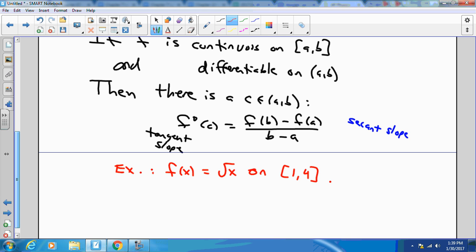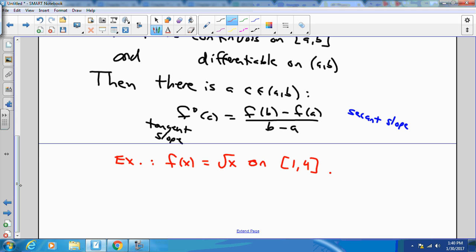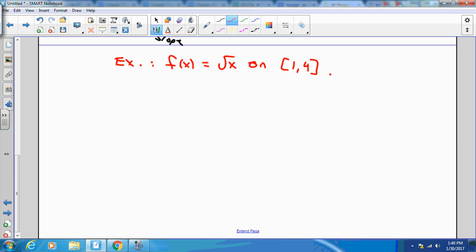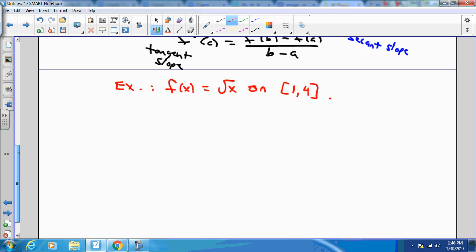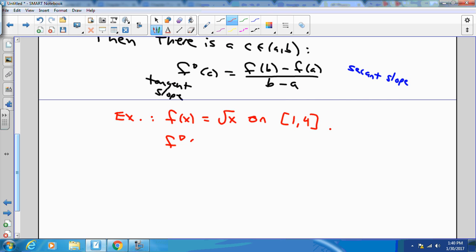Okay. So in our example, notice we have a function and an interval. And we can check the conditions for the mean value theorem and then apply it if they work out. To check those conditions, I'm going to use the same kind of shortcut that I mentioned earlier. I'm just going to cut to the chase and find f prime. And I notice that f prime exists on every single number on the closed interval 1 to 4.